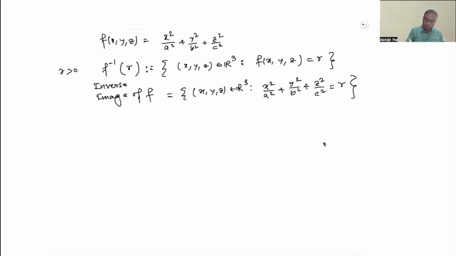Okay, so this inverse image f inverse r will be an ellipsoid. So this will be roughly the picture of this.